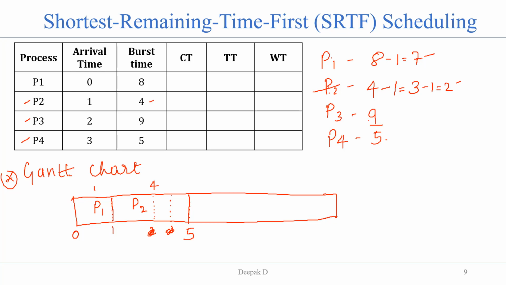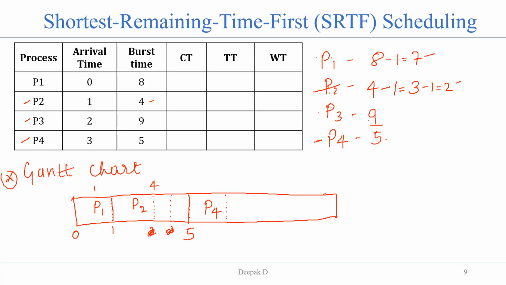Among these 3 processes, that is P1, P3 and P4, the one having the shortest remaining time is P4. P4 is executed for 1 millisecond and I check whether any other process has arrived. No, right now no other process is in the ready queue.